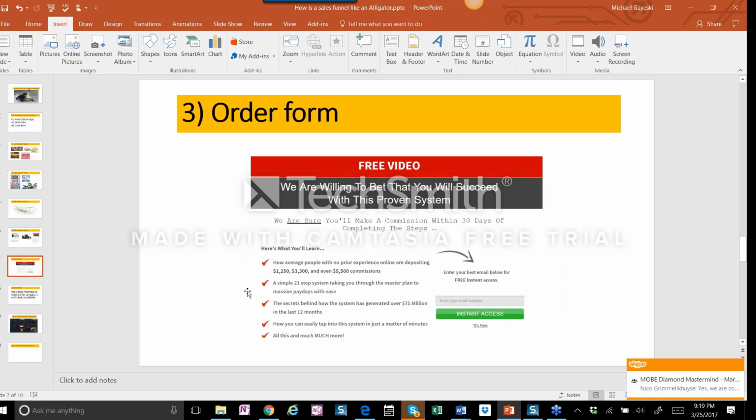The order form is where the individual that would like to find out more will access that order form.